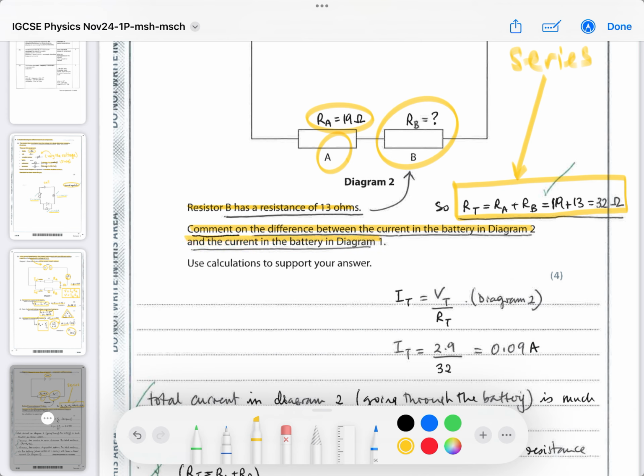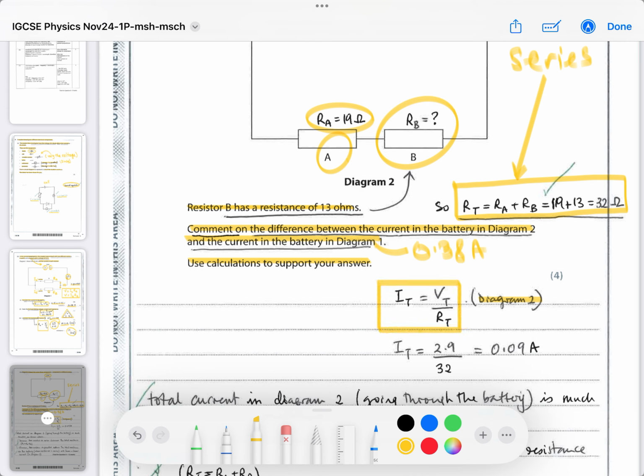So we know the current in diagram 1 was 0.38 amps. You can go back and have a look. And now you have to use calculations to support your answer. In other words, they want you to work out the current in diagram 2. So the total current will be the total voltage divided by the total resistance.